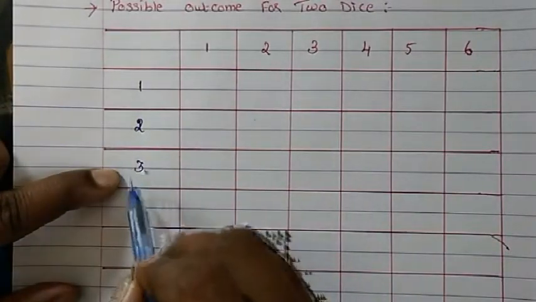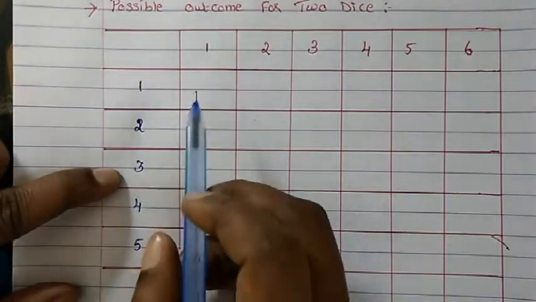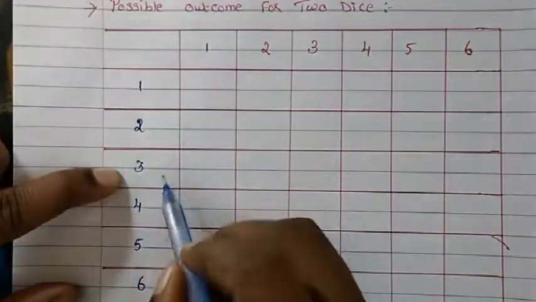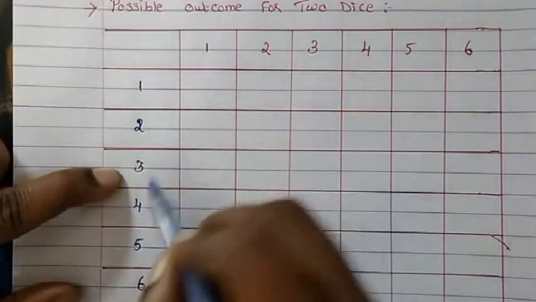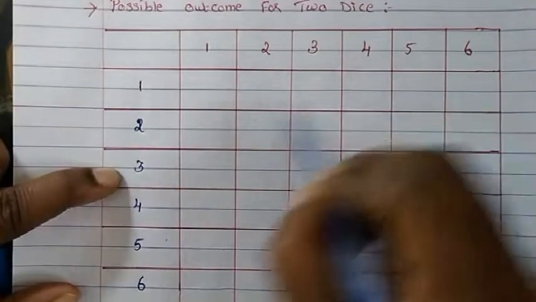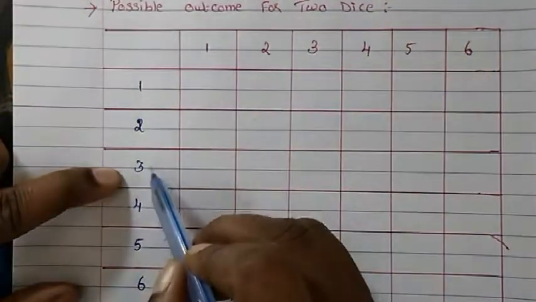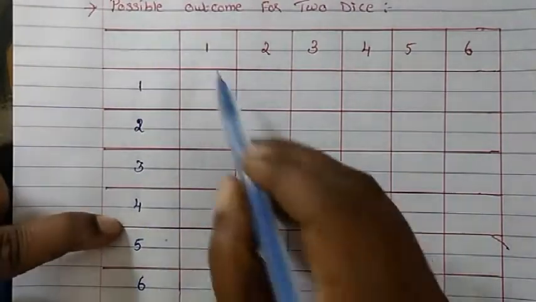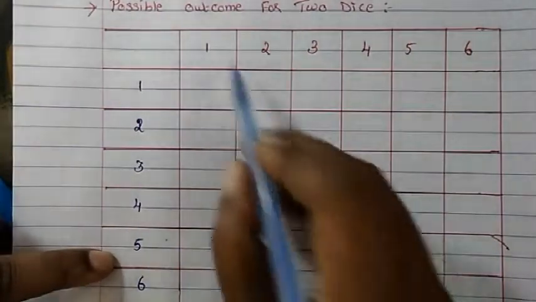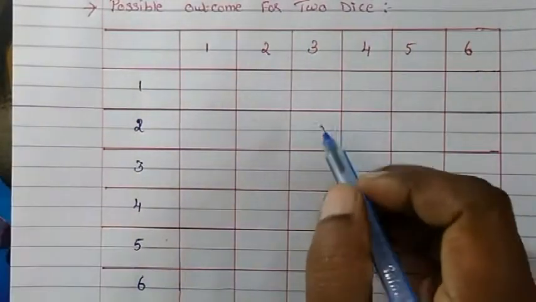Same way 3 also: with 3 1, with 3 2, with 3 3, with 3 4, with 3 5, with 3 6. So 6 possibilities with 3. Same way with 4 there are 6 possibilities, with 5 also 6 possibilities.